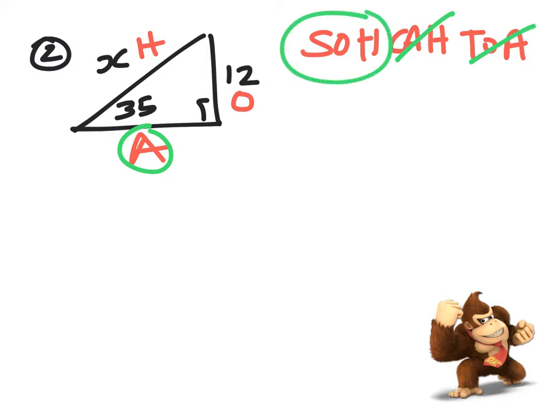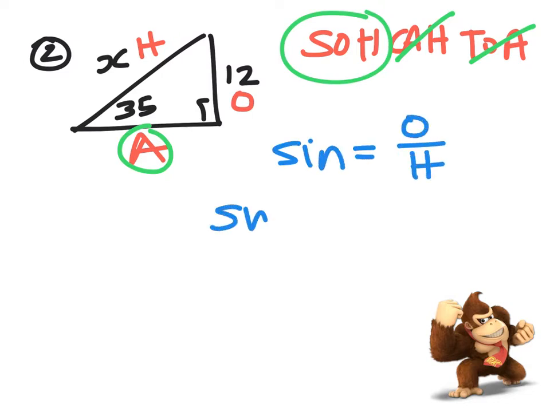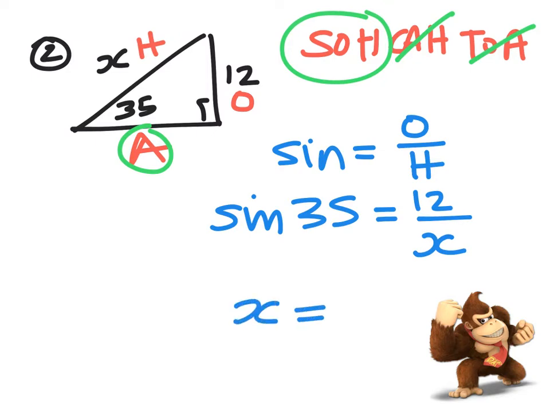So that means it must be an SOH question. So sine is the O over H ratio. Put some numbers in. Sine 35 equals, the O is 12, divided by the H side, which is X. You should know where to go from there.